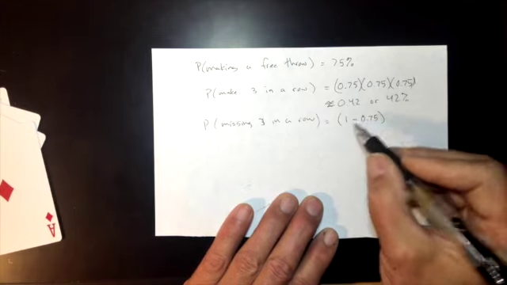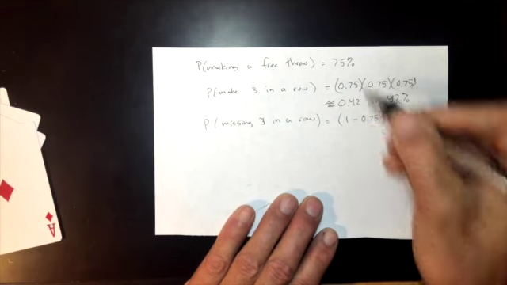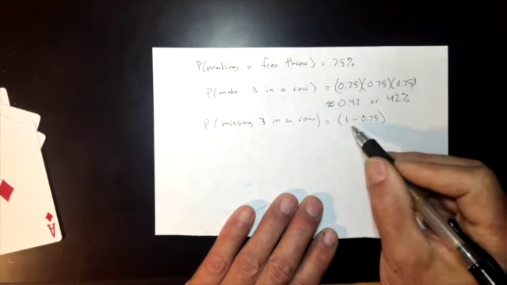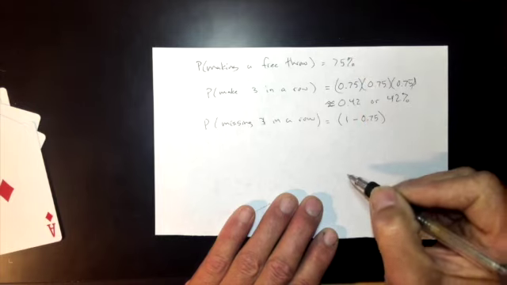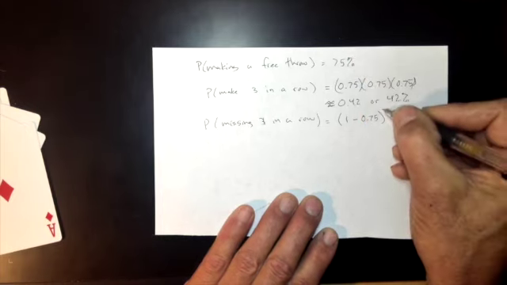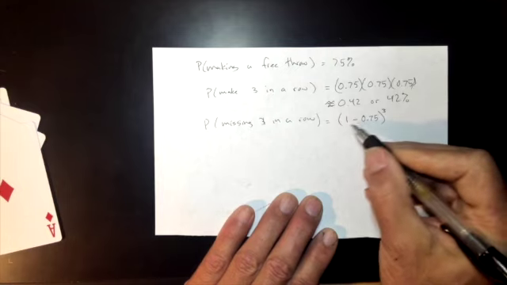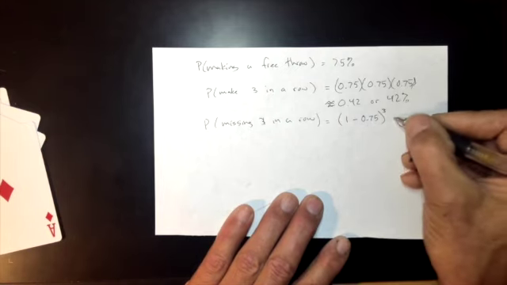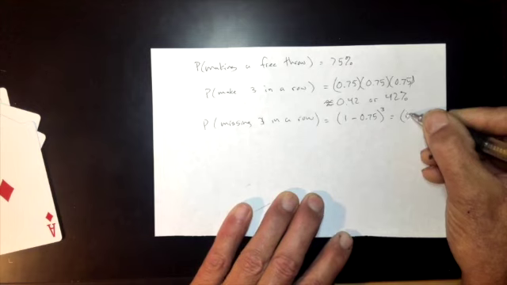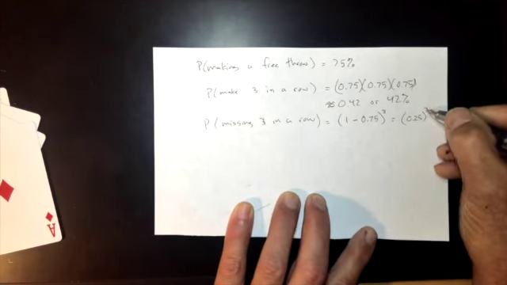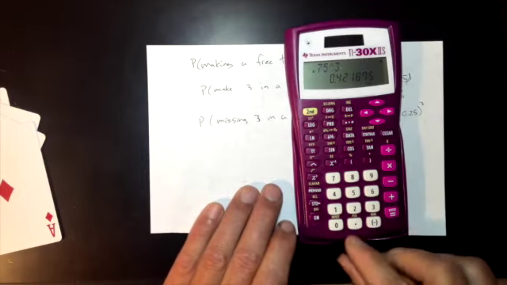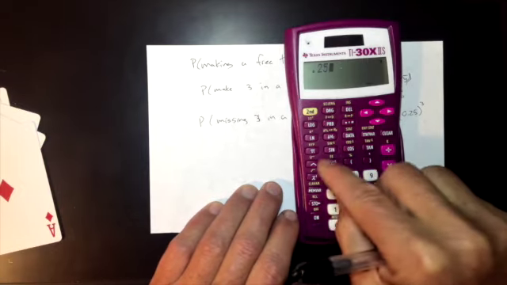If I subtract my probability from 1, I get the probability of the complement: the probability that it doesn't happen. And I would raise that to the third power because it has to happen 3 times in a row. So that's 0.25 raised to the third power.